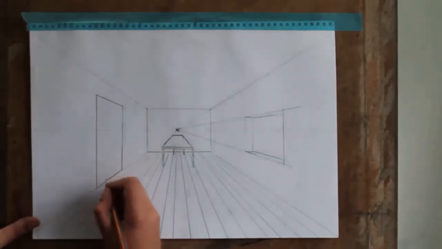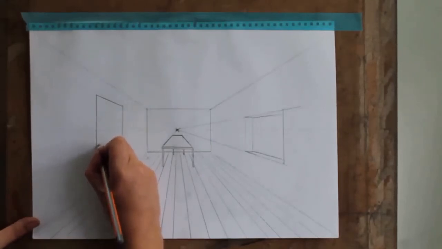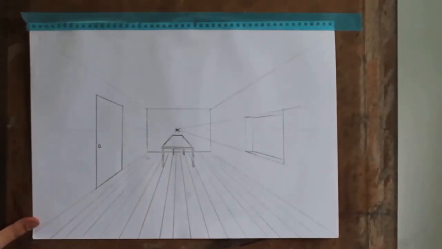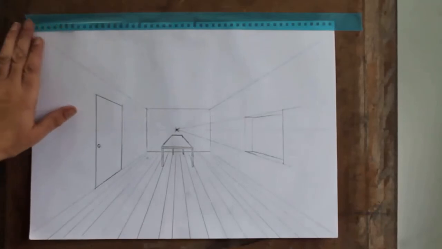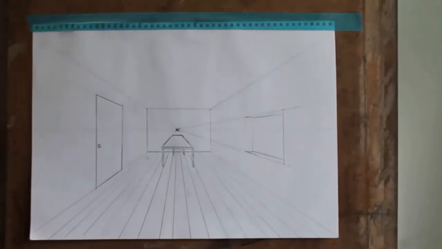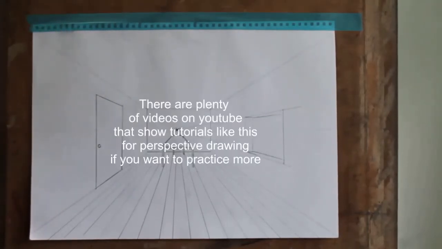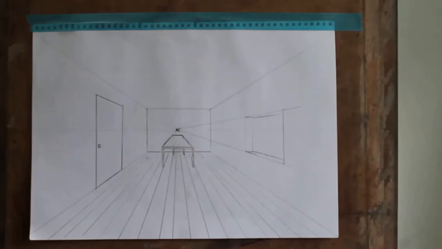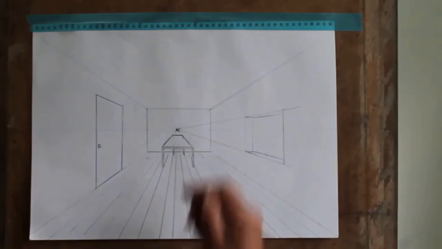Next, we're going to add our doorknob. And we'll draw in a light and a light shade.